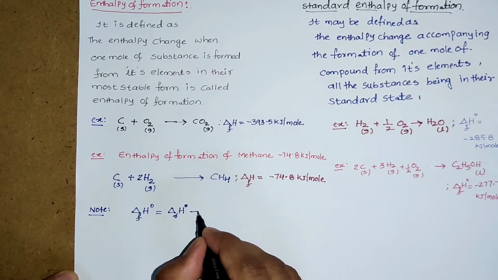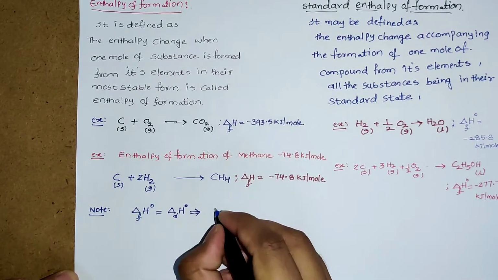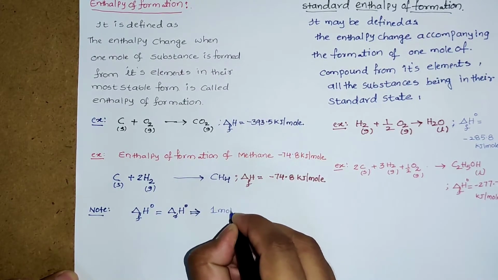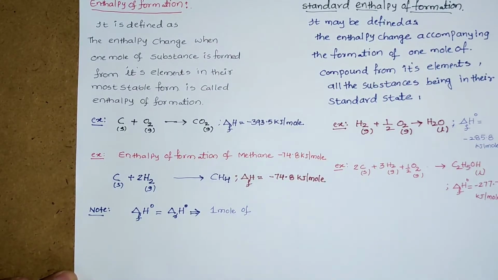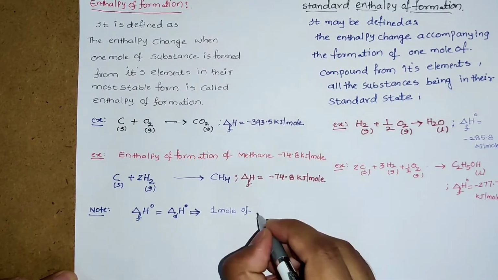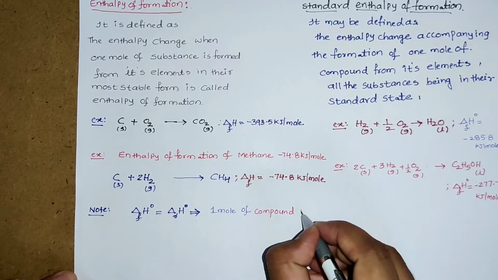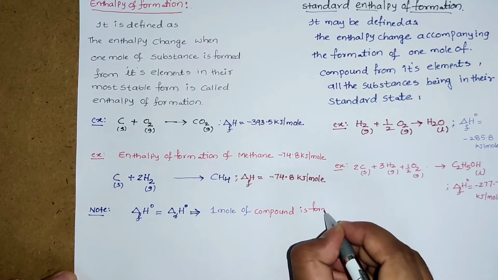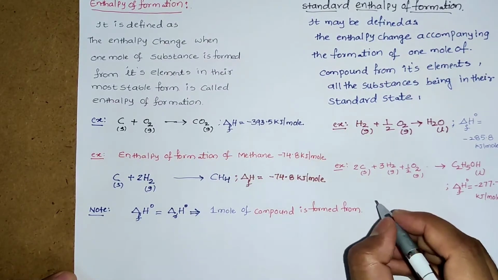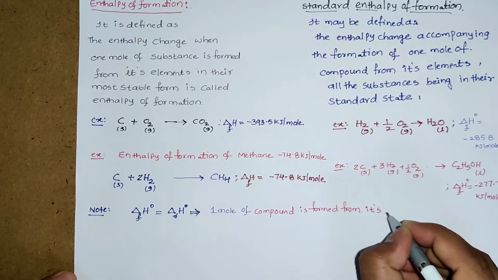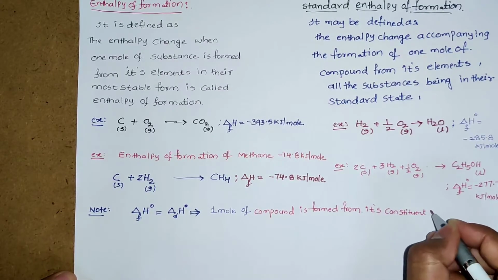When is this possible? When 1 mole of a compound is formed from its constituent elements.